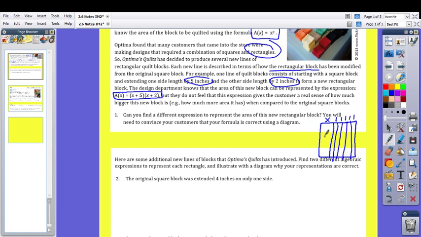On the other side you have x and then 2, so 1 and 1. So now you will be getting x squared, 5 x's, and 2 x's because 1 times x is x. These are all 1's, because 1 times 1. So this is the area model of it.